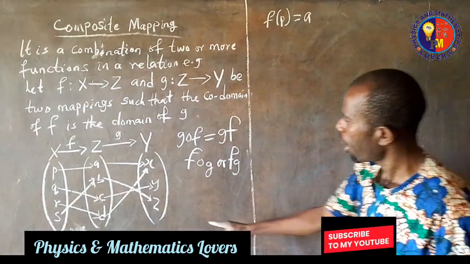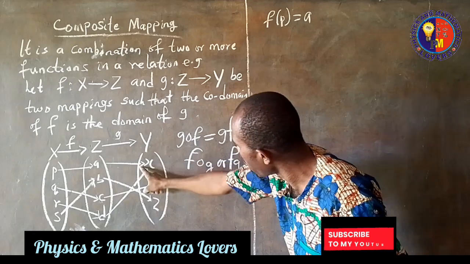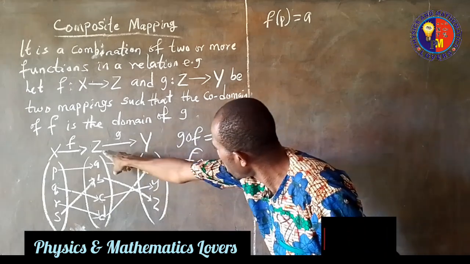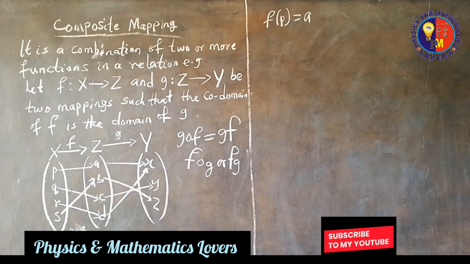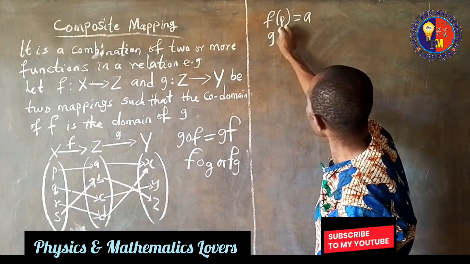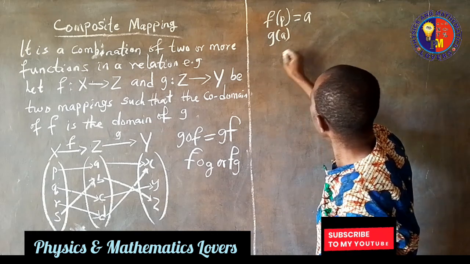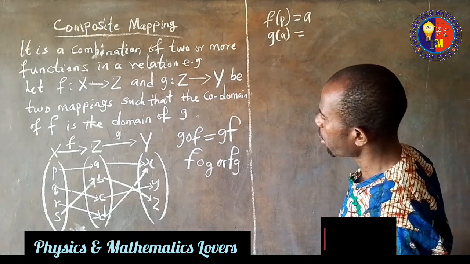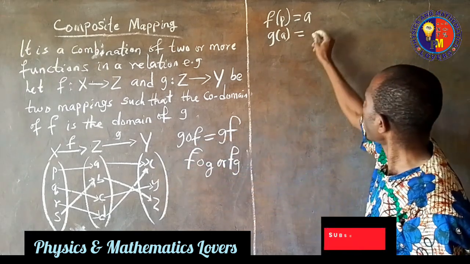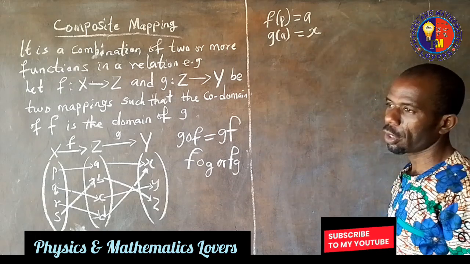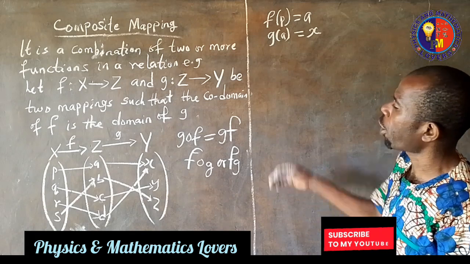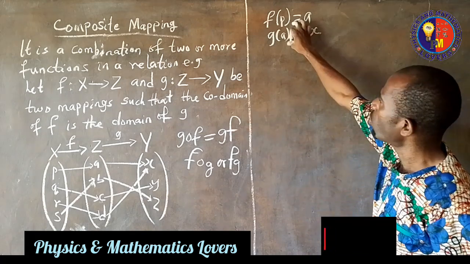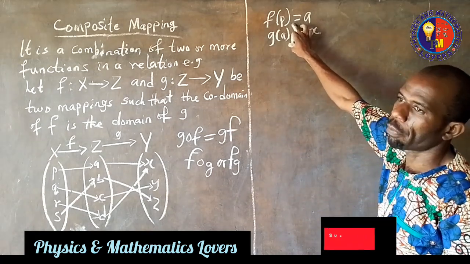In the same way, g as a function defined between this one and this also takes a, which means g of a gives x as the image.